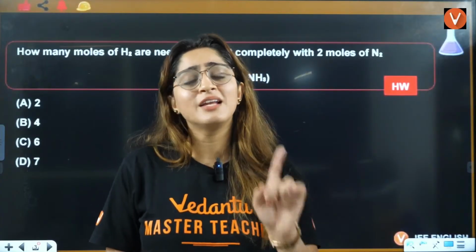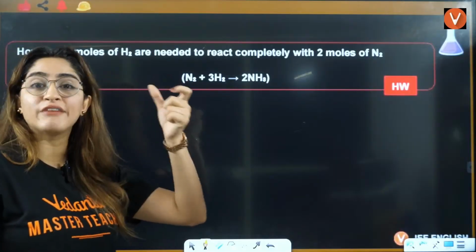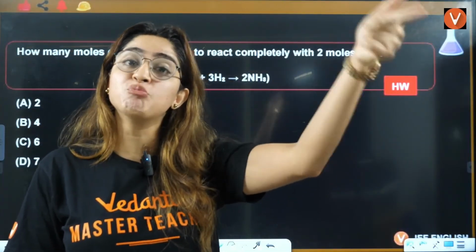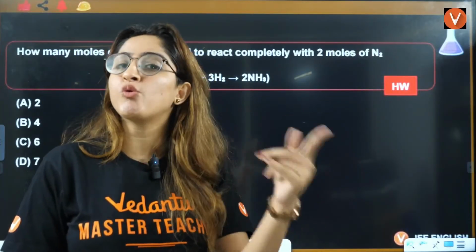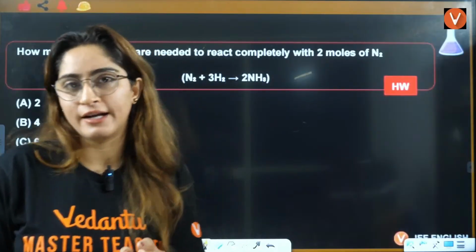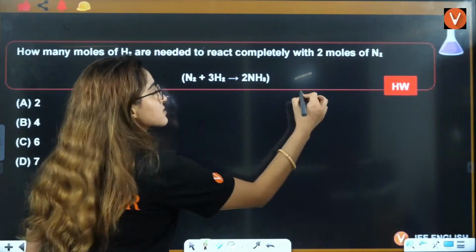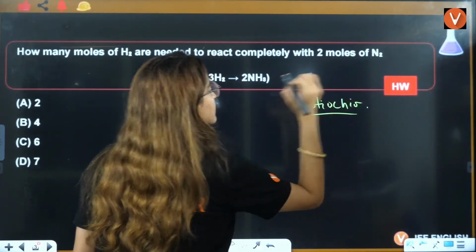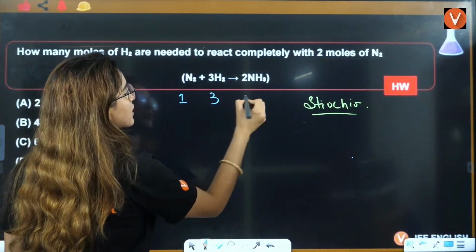No. In the limiting reagent, what I told you is that they will give you either a hint or directly the moles of every single reactant, right? So this is not a question of limiting reagent, but a question of stoichiometry, right? So can I say now that this is 1 mole, this is 3, this is 2 mole.